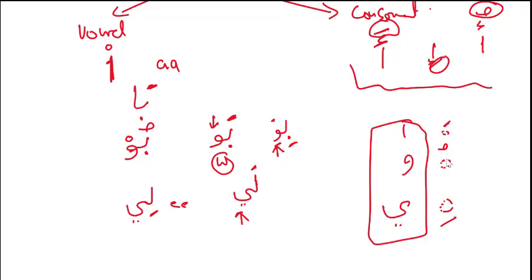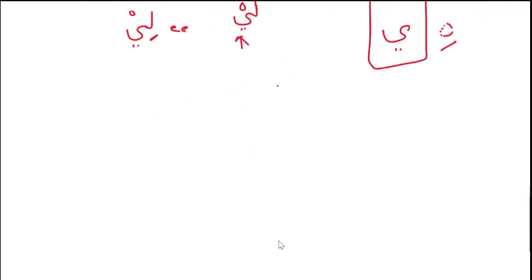Also, alif, vav or ya should have a sukoon on it, without any haraka. You may write the sukoon or not, but there should be no haraka on it. Then and only then is this a vowel. For example, if I say lam and ya, and there is a kasra on the preceding letter, it is e, a vowel.